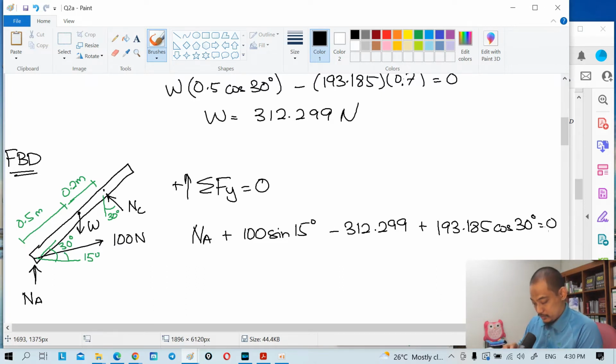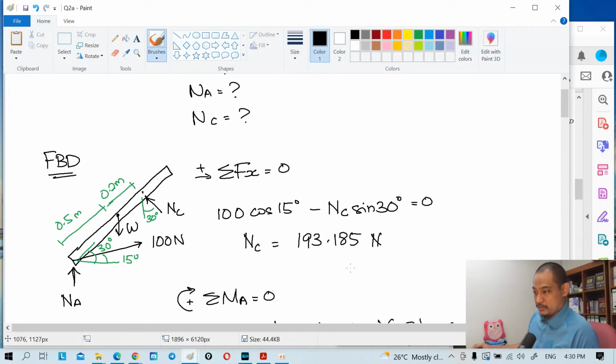So if you solve this, 100 times sine 15 minus 312.299 plus 193.185 times cos 30 degrees, bring to the other side. So NA equal to 119.114 Newton. So that's the answer.